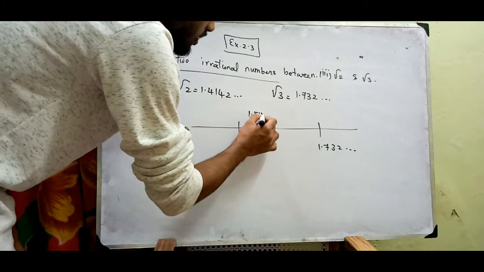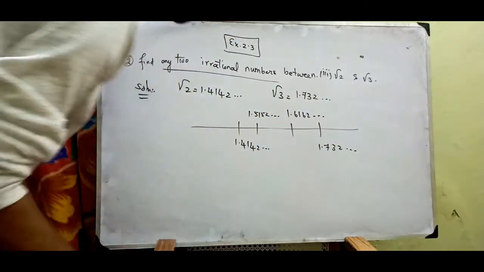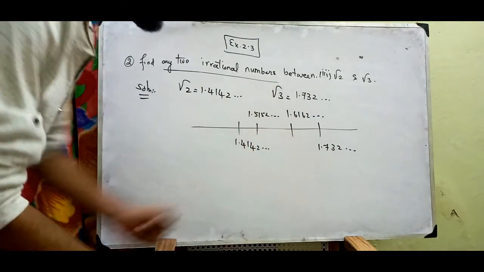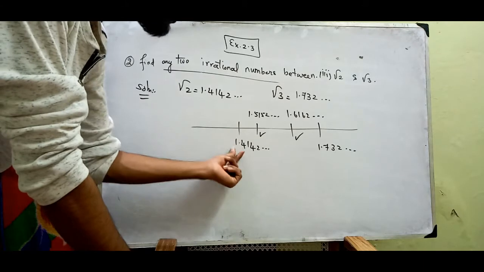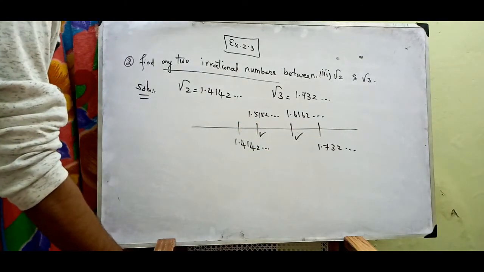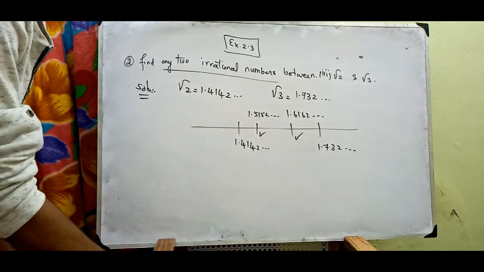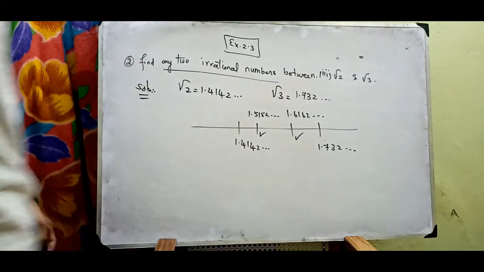What if I take 1.5152 and so on, and then 1.6162 and so on? This easily we can obtain these two numbers, right? Easily in between these two numbers, because 1.4, 1.5, 1.6 and then 1.7. Okay, yeah, you can take in this way too. So these are the two irrational numbers between root 2 and root 3.